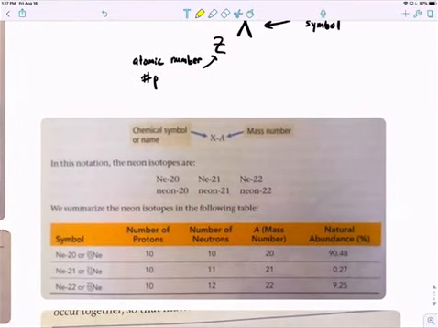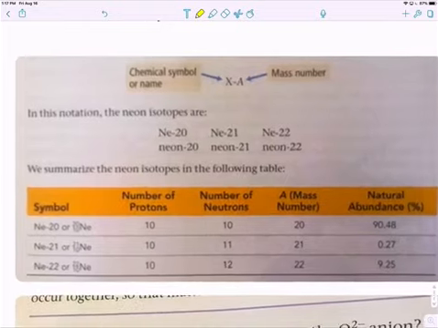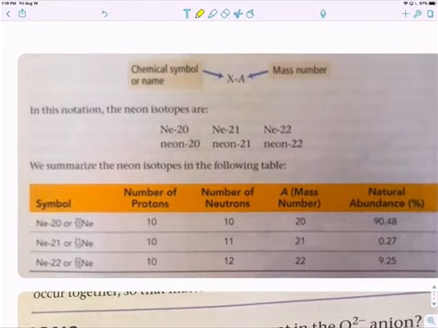So isotopes: what an isotope means is same number of protons, different number of neutrons. And so there's neon 20, neon 21, neon 22. And this is the relative abundance, and this is the terrestrial, so this is here on Earth. So the relative abundance is there.